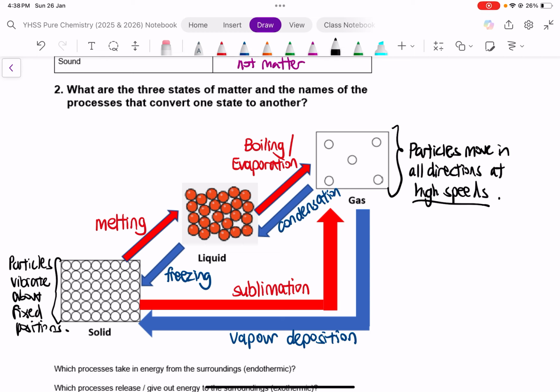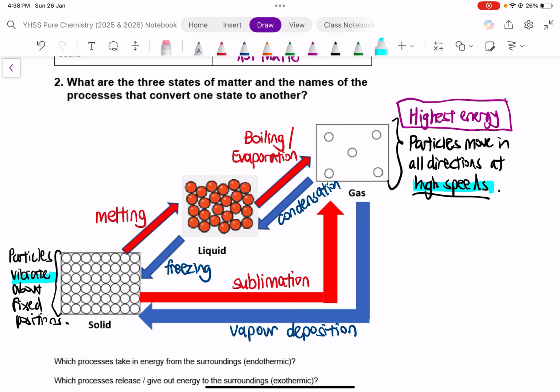Now, this movement is obviously very different because in a gas, the particles can move in all directions at high speeds. We can come to the conclusion that gases must have the highest energy among solids, liquids, and gases. On the other hand, because in a solid, the particles are only able to vibrate about fixed positions, this tells you that the particles have the lowest energy in the solid state.